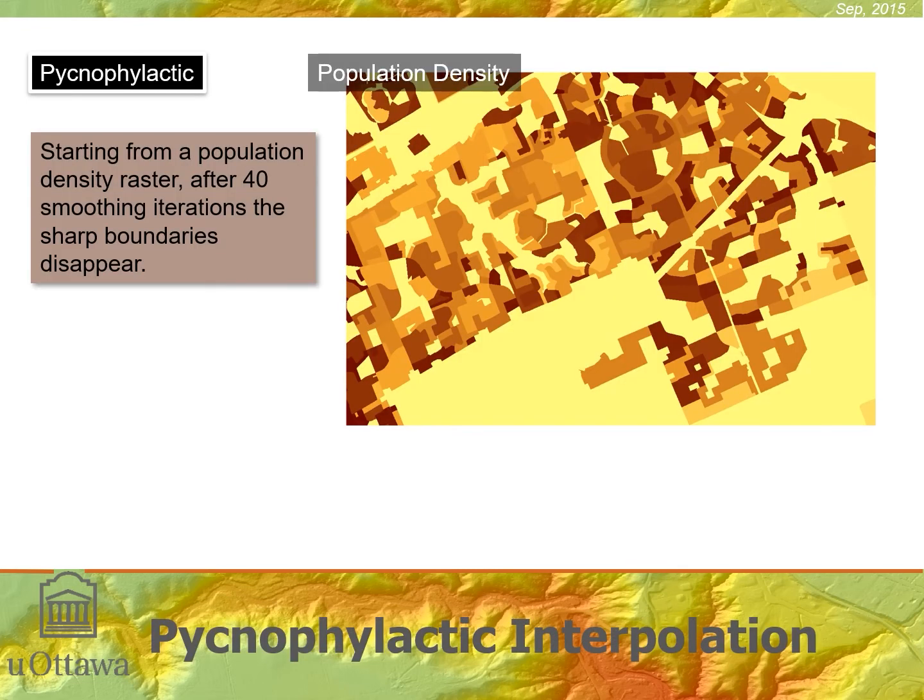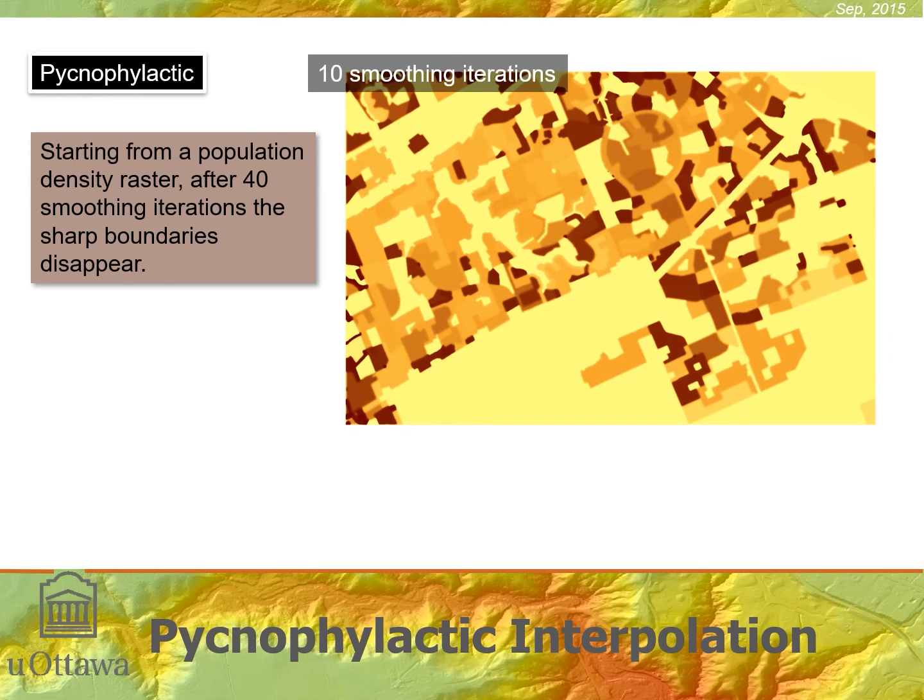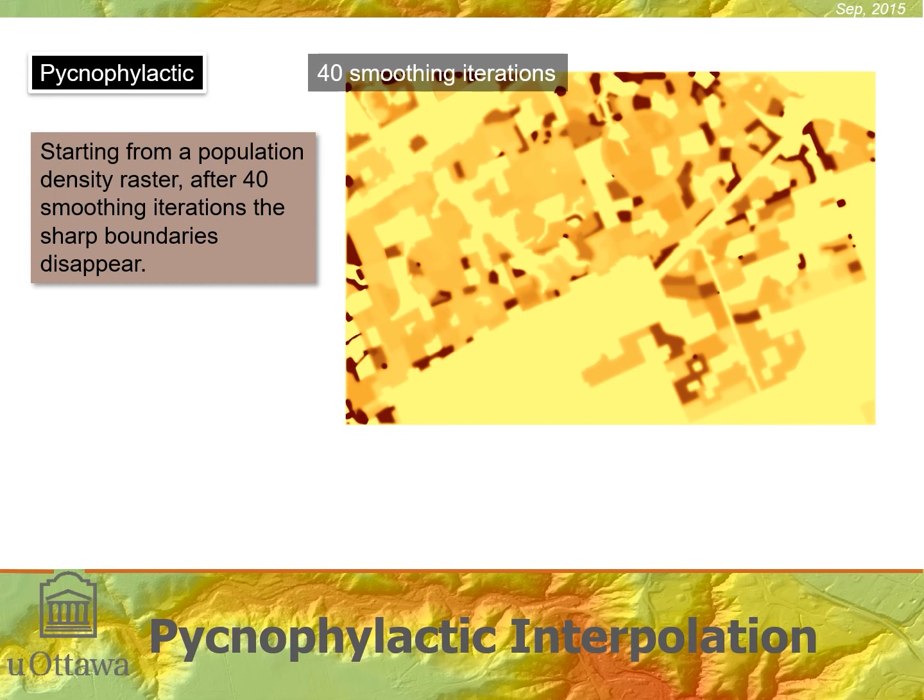And in the end then, we have from that original population density that has the very sharp boundaries, after iterating 40 times, it looks like that. So you see it starts to get more, the boundaries aren't as sharp anymore. They've blurred a bit. More iterations will make, so that's 10 iterations, and then more iterations will increase that further. 20 iterations, 30 iterations, and 40 iterations.